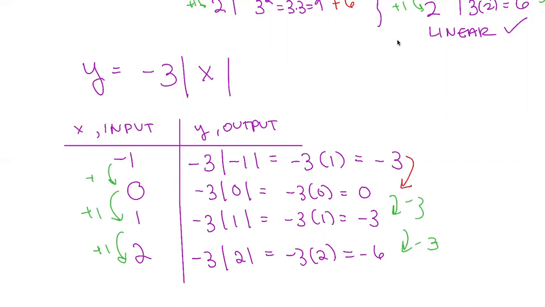How do I get from -3 to 0? I add 3. Adding 3 is different than subtracting 3. So this is nonlinear because consistent inputs do not have the same consistent distance output.